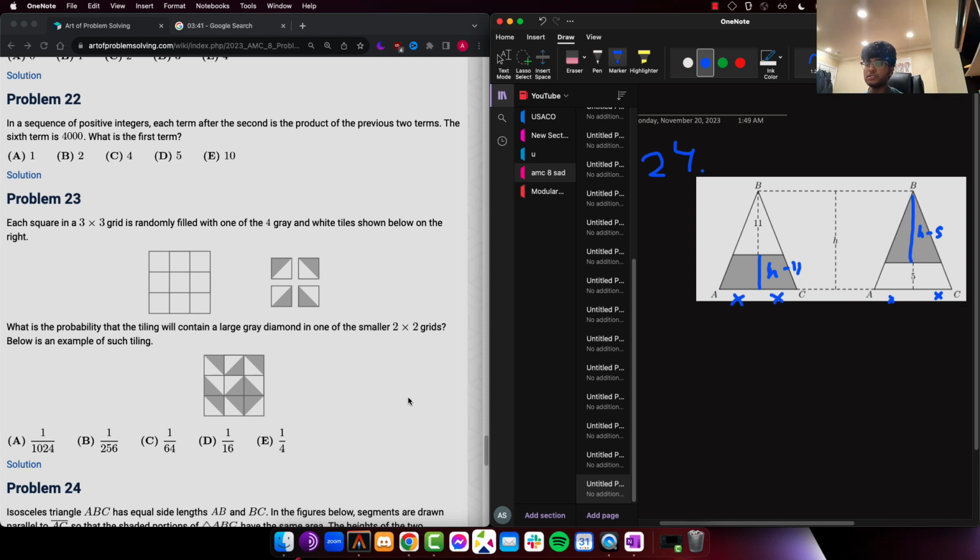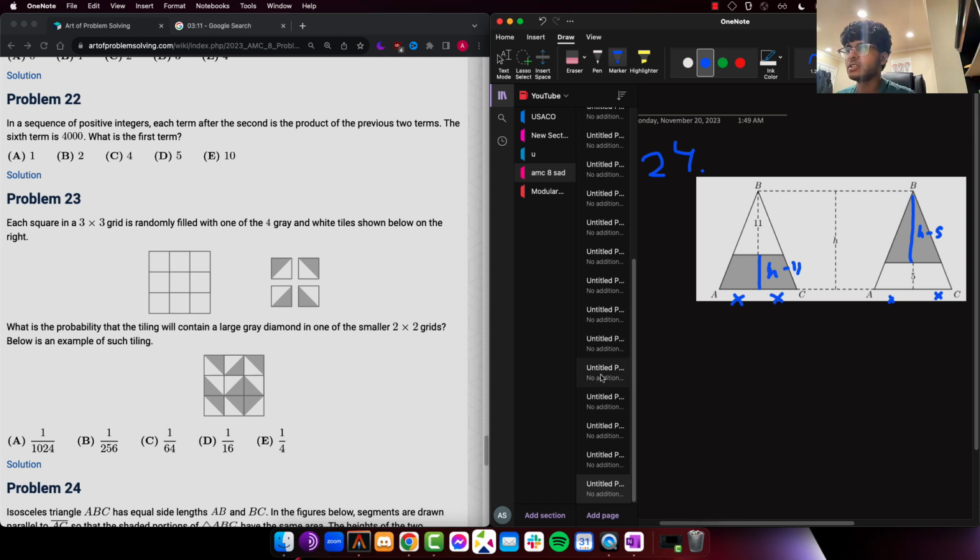Each square in a 3x3 grid is randomly filled with one of the 4 gray and white tiles. A large diamond in one of the smaller 2x2 grids. Oh, is it just?